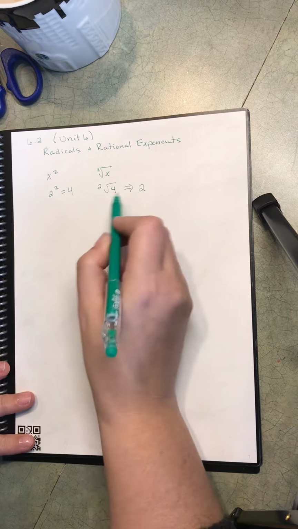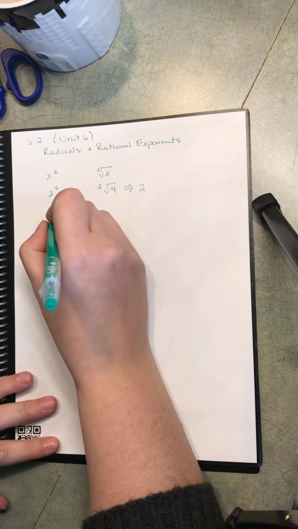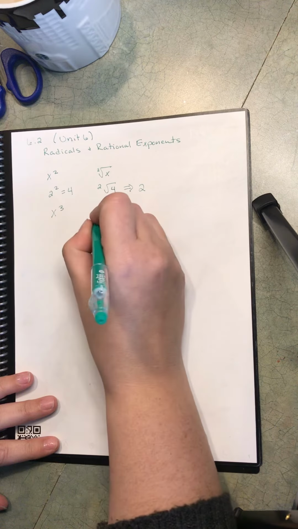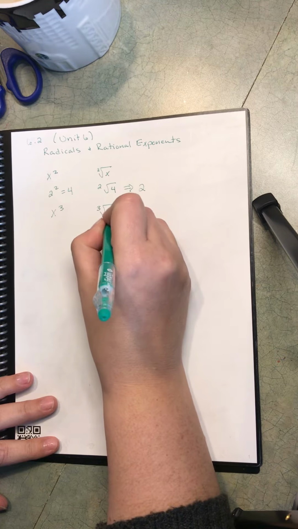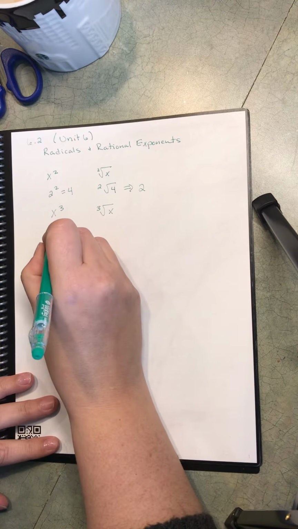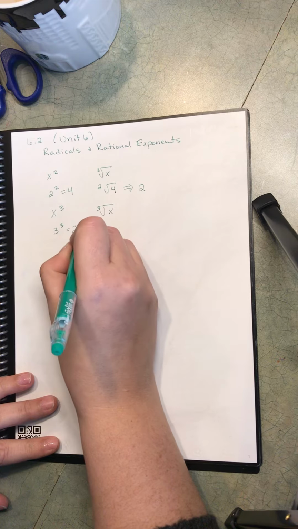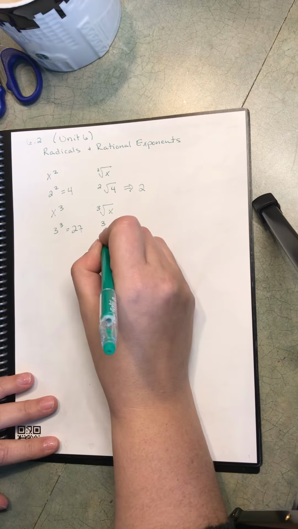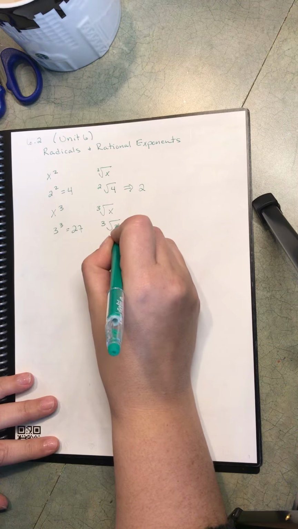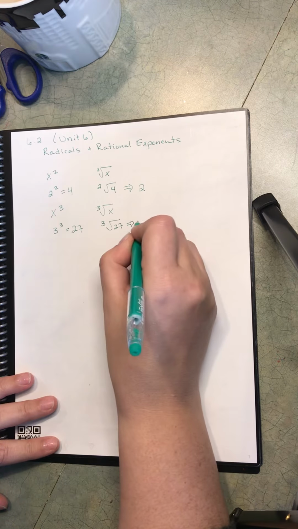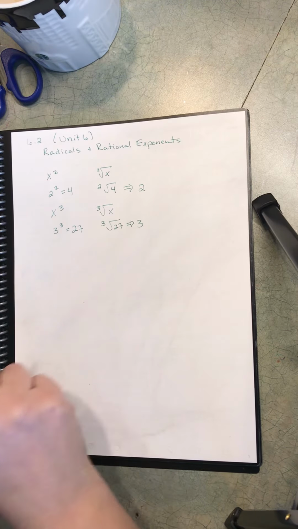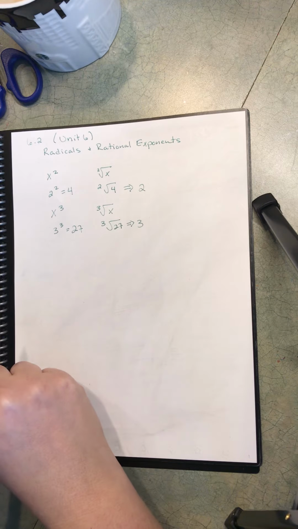So squaring and square roots undo each other. Similarly, x cubed and the cube root of x undo each other. So if I have 3 to the third power, that's 27, and the cube root, or the third root, of 27 gets us back to 3, our original base. So that's just kind of explaining the relationship.